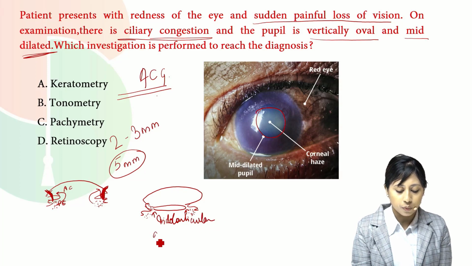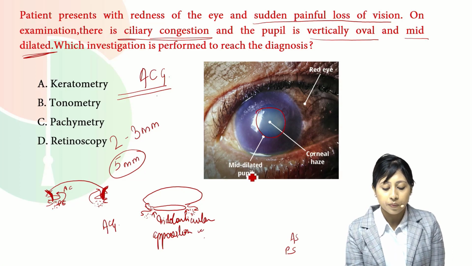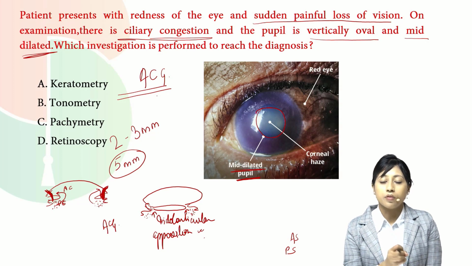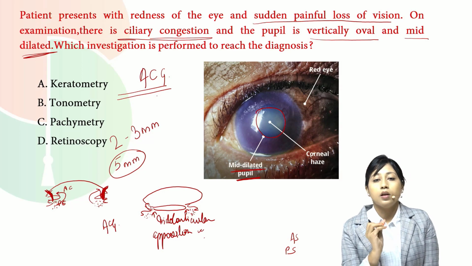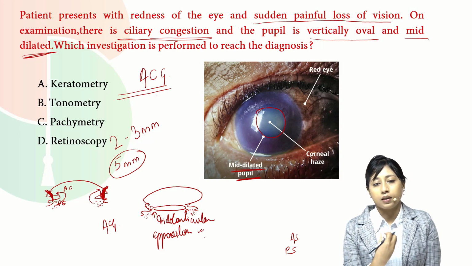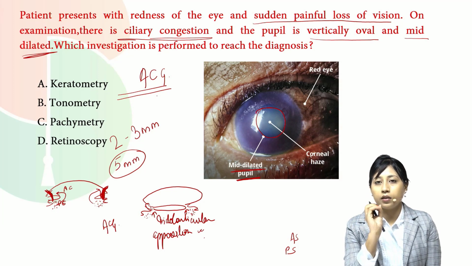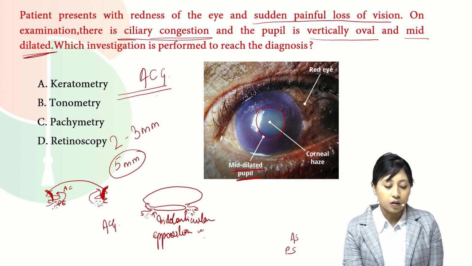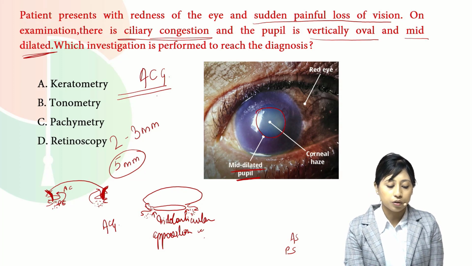The mid-dilated, vertically oval pupil is due to ischemia of the sphincter pupillae. We know the sphincter pupillae causes constriction of the pupil. If the sphincter muscle does not contract because of ischemia, then the pupil remains mid-dilated. So now we know this is a case of angle closure glaucoma.